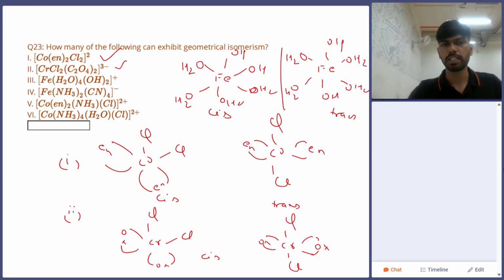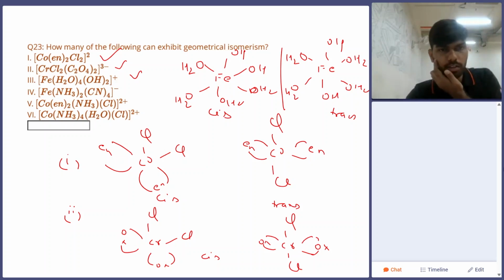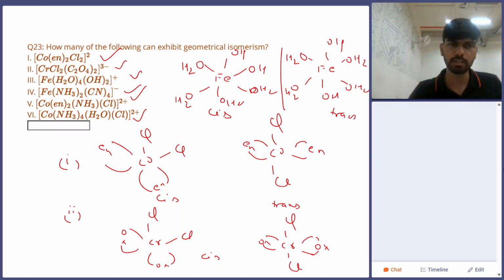This is the trans form. This will also show. And Fe with NH3 twice and CN4 minus, this will also show. In place of NH3 and Cl, if NH3 and Cl are on the opposite side, this will also show. So the total of 6 is the right answer for this question.